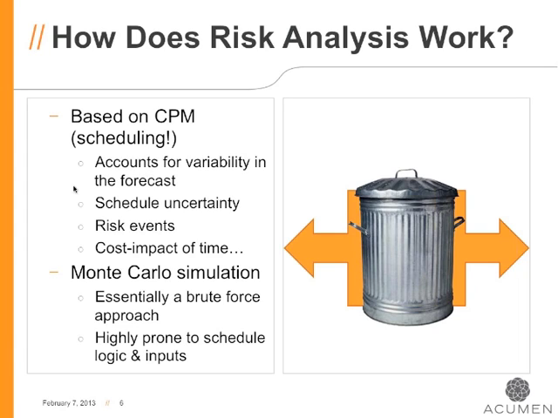So it's running CPM analysis, doing a critical path analysis, calculating early and late dates, but it's running this CPM analysis thousands and thousands of times, taking into account the variability of duration and the potential impact of risk events. The thinking is that if we run enough iterations within a simulation, then within statistical reasonableness, we end up with a distribution of potential results.